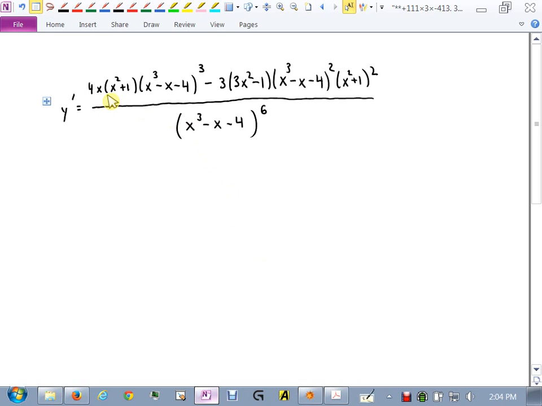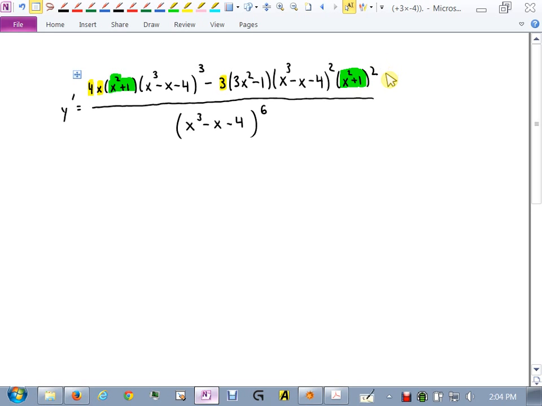And that's look at the numerator right now and see if you can factor it. See if there's a greatest common factor. So let's take a look at numbers. 4 here, 3 here. Nothing in common, right? I have an x here. Do I have an x by itself here anywhere? No. I have an x squared plus 1 factor. Do I have an x squared plus 1 factor here? Yes, I do.